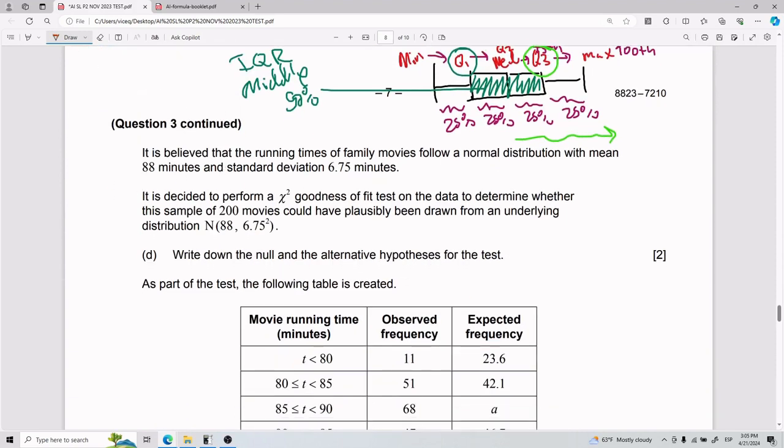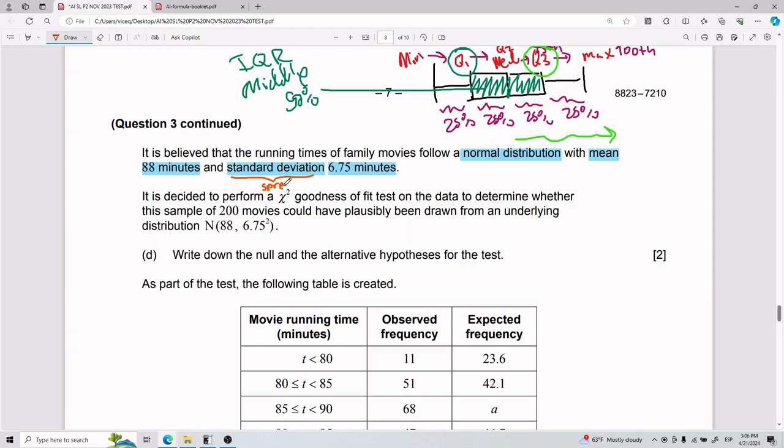So here we have that it is believed that the running times of family movies follow a normal distribution with mean 88 minutes and a standard deviation of 6.75 minutes. Now, before we keep going, I need you to associate standard deviation with spread.